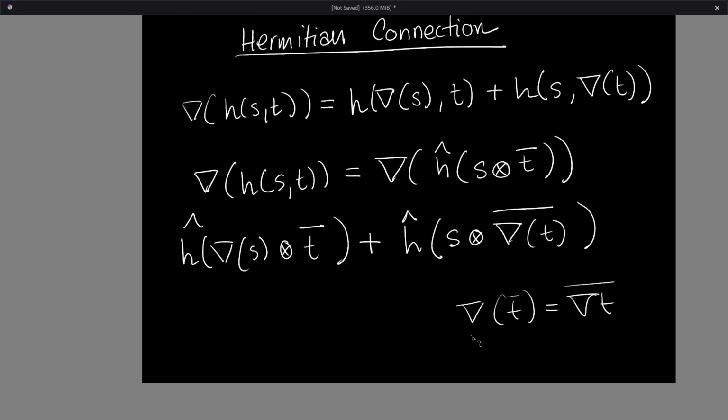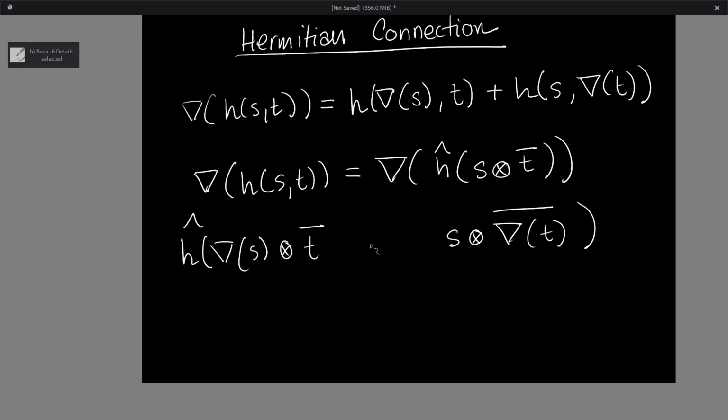So now we know that h hat is linear, so we can put those two things together. In fact, let me not waste some space here. Let us just erase that. So we can put all of it into the parenthesis. And so this is actually the Leibniz rule.